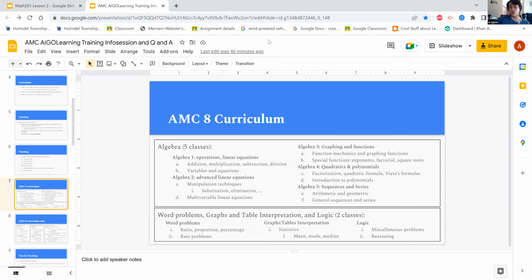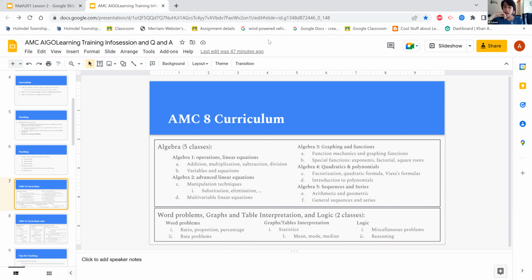And going from quadratics, we will also introduce polynomials, which is basically like a step up from quadratics. It's not particularly important to know polynomials with degree greater than 2 on AMC 8. However, it does help that students will find that connection between quadratics and polynomials.